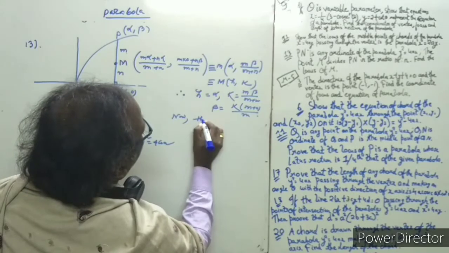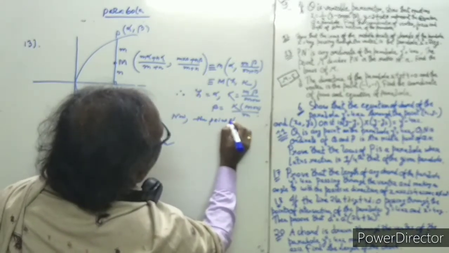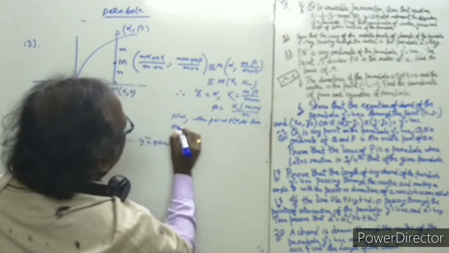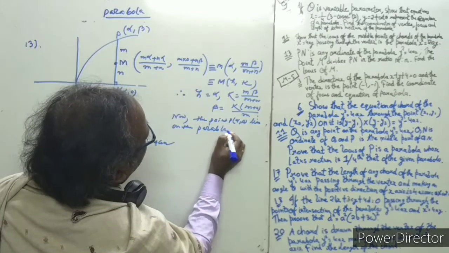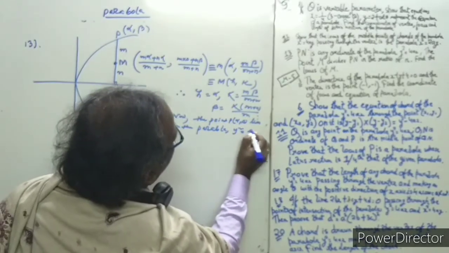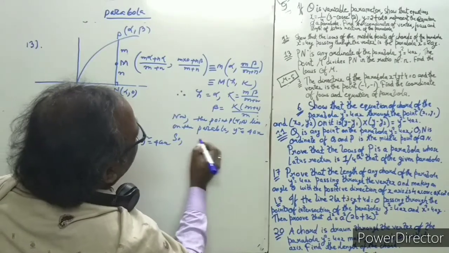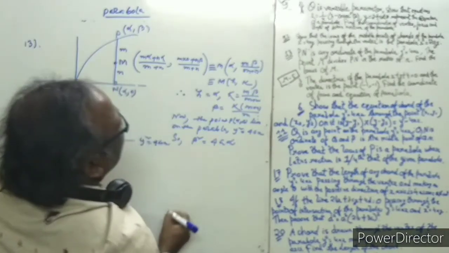Now the point P (alpha, beta) lies on the parabola y squared equals 4ax, so we can write beta squared is equal to 4a into alpha.